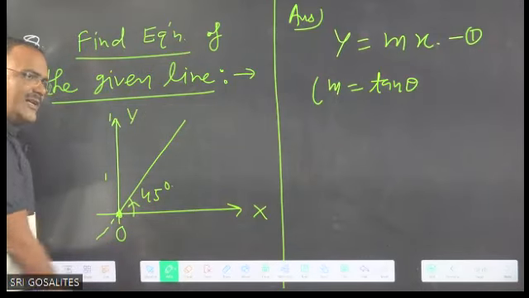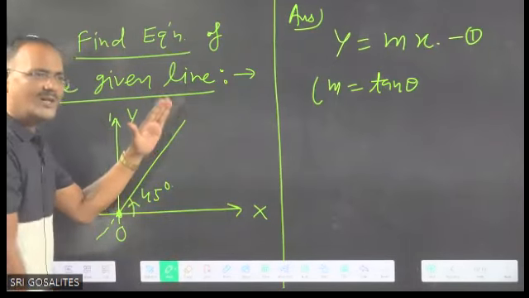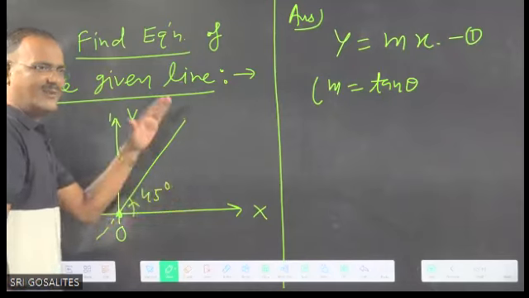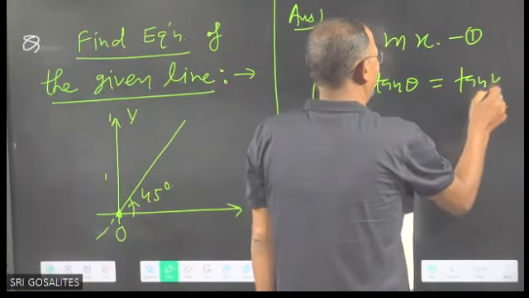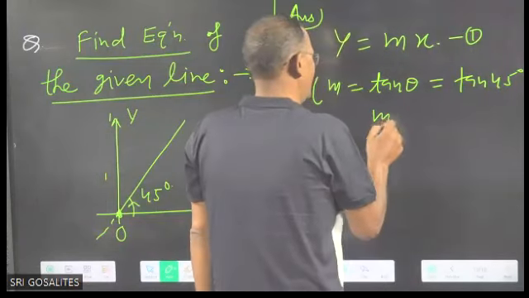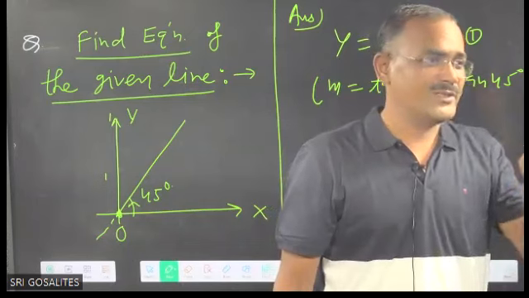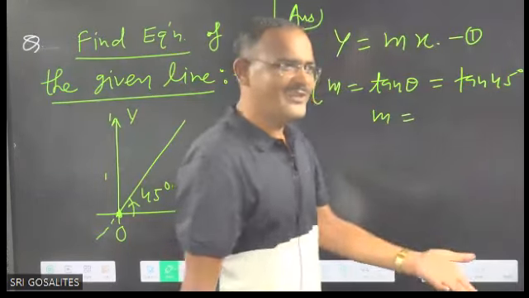How much angle is the line making here? How much angle is it making with the x-axis, children? Come on, see this. How much is it? 45. Well done. Tan 45. When I was studying in 9th class, tan 45 was 1 at that time. Possibly nowadays it is also 1.